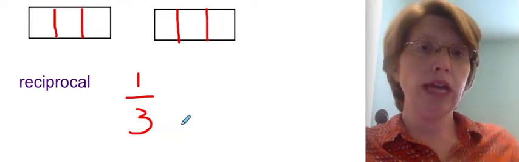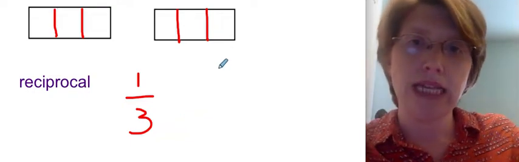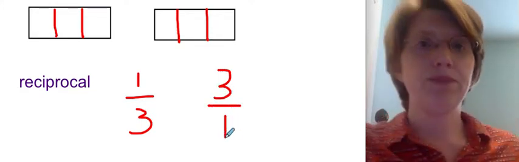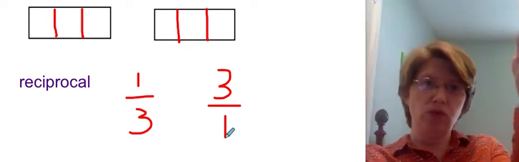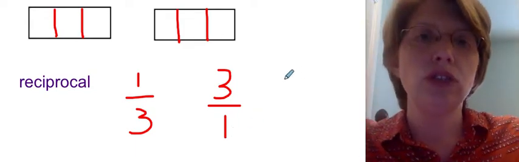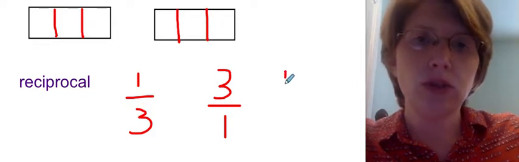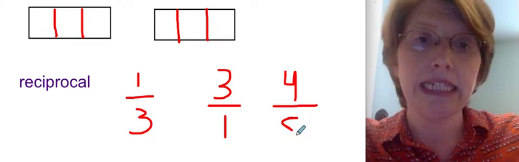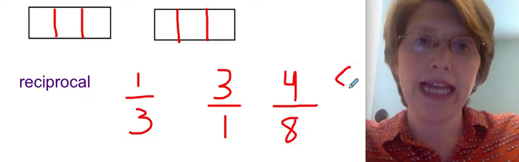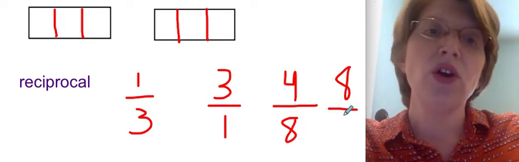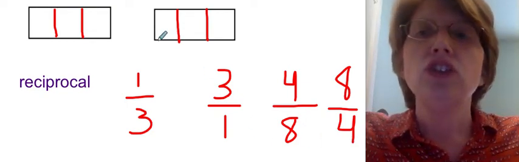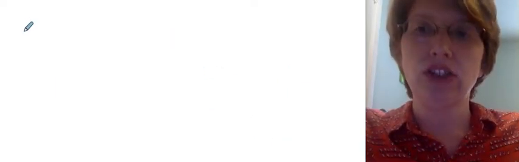A reciprocal is going to flip that number upside down. The reciprocal is going to be 3/1. It would be the same as if you just took it and flipped it right upside down. So let's do another one. The reciprocal of 4/8 is what? 8/4. You get it? Just flip it. Okay? So for dividing fractions, here's our steps.